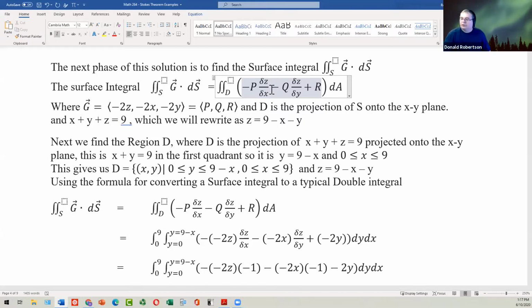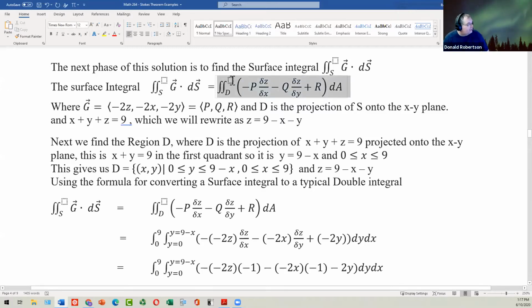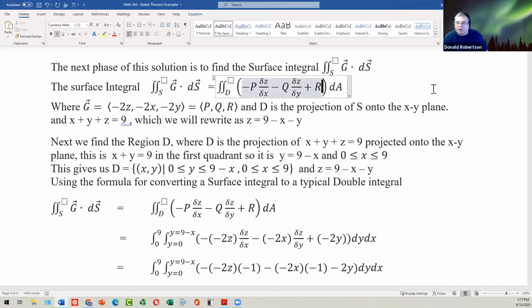Or 0 to 2 and y equals x to y equals 2x. That kind of shape to them. And this is a standard formula. It's true every time. It says that this surface integral, or any surface, can be written in this format as a double integral.